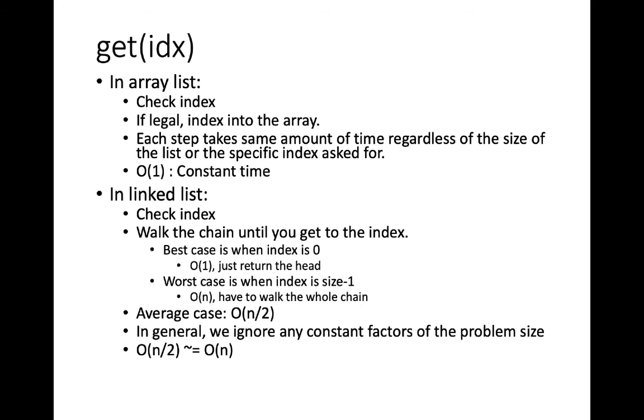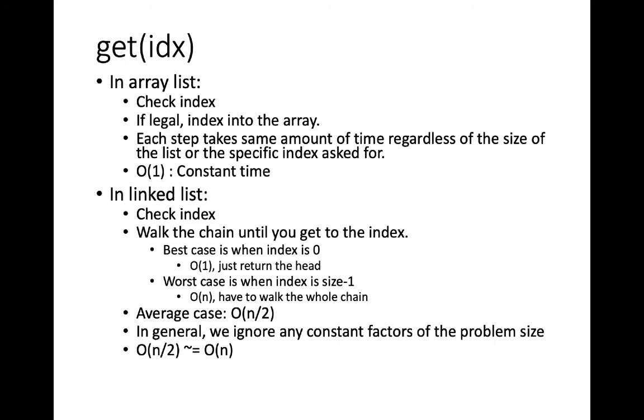If it's legal, all we have to do is say elements, square bracket, index, square bracket. Done. It doesn't matter whether it's a long list or a short list, or whether the index is the 0th, the 8th, or the size minus 1 index. I can directly address that element in the array. So even getting the array element is an order 1 operation.